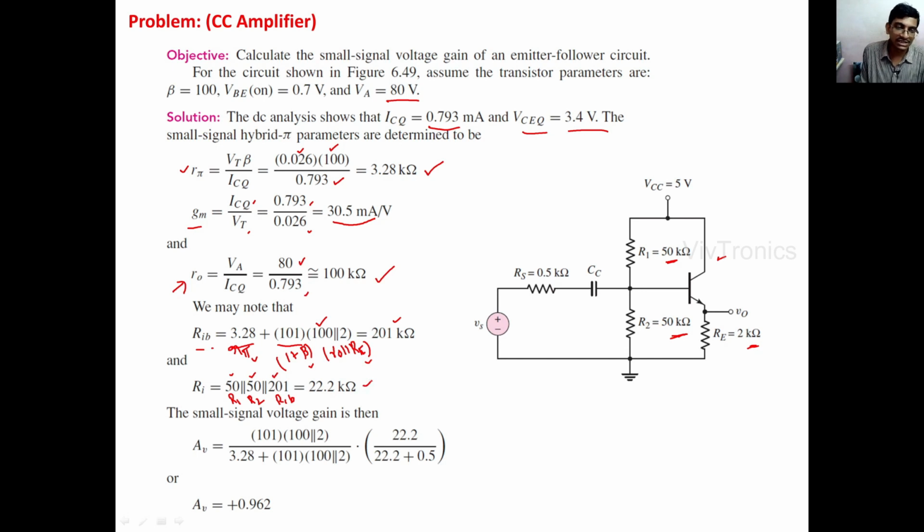That is the input resistance, and the voltage gain will be equal to 1 plus beta into R naught parallel RE divided by R pi plus 1 plus beta into R naught parallel RE, into Ri divided by Ri plus Rs. Rs is equal to 0.5. After substituting this, we can get the voltage gain as 0.692. That is the maximum voltage gain of our amplifier circuit.